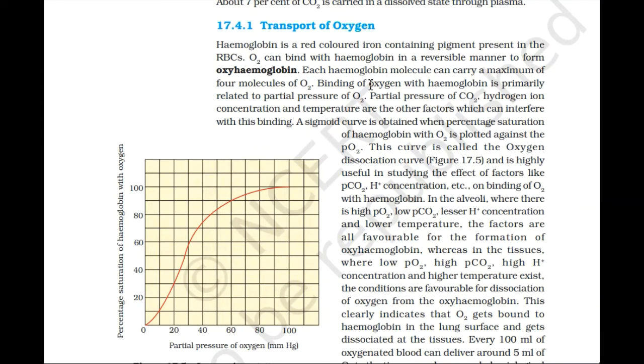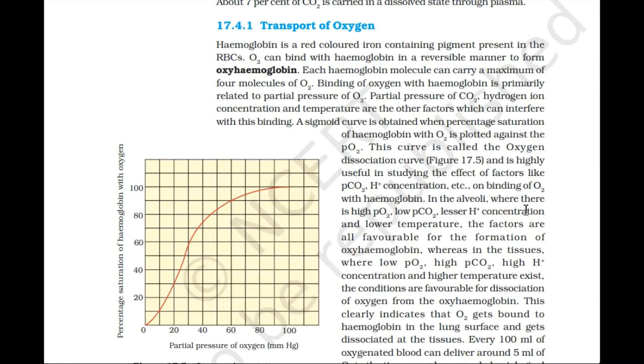A sigmoid curve is obtained when percentage saturation of hemoglobin with oxygen is plotted against the pO2. The curve is called the oxygen dissociation curve and is highly useful in studying the effect of factors like pCO2, H plus concentration, etc. on binding of oxygen with hemoglobin.